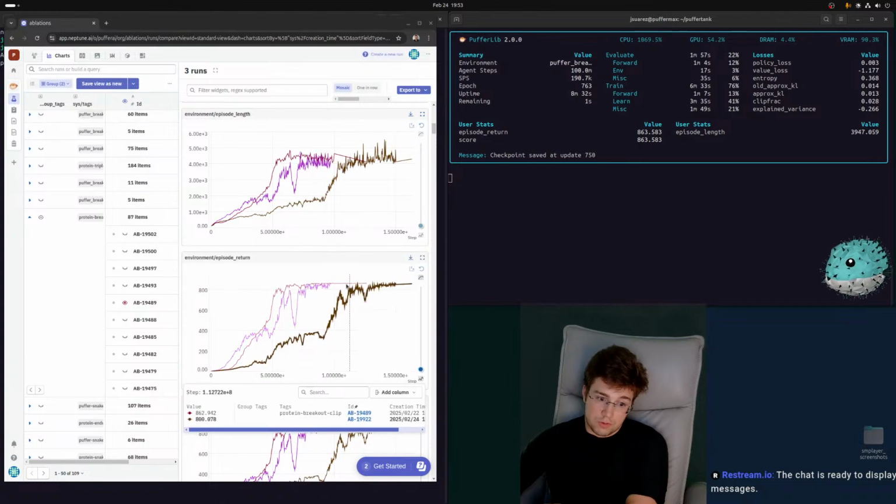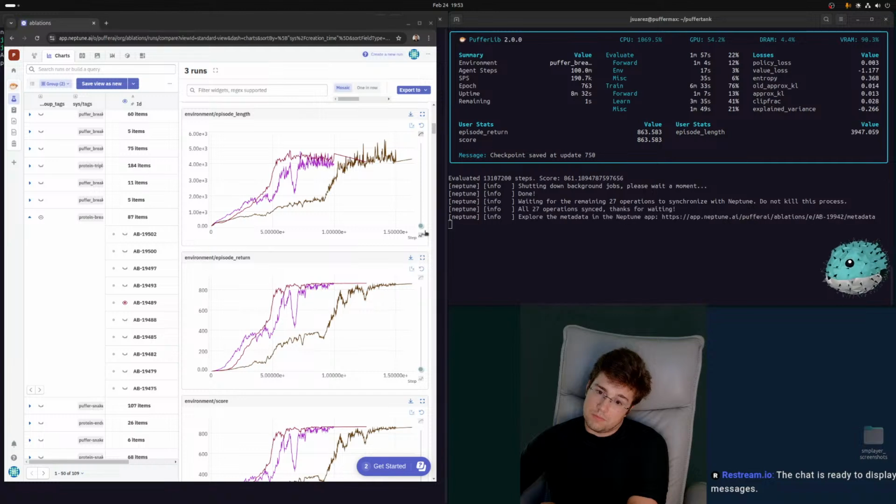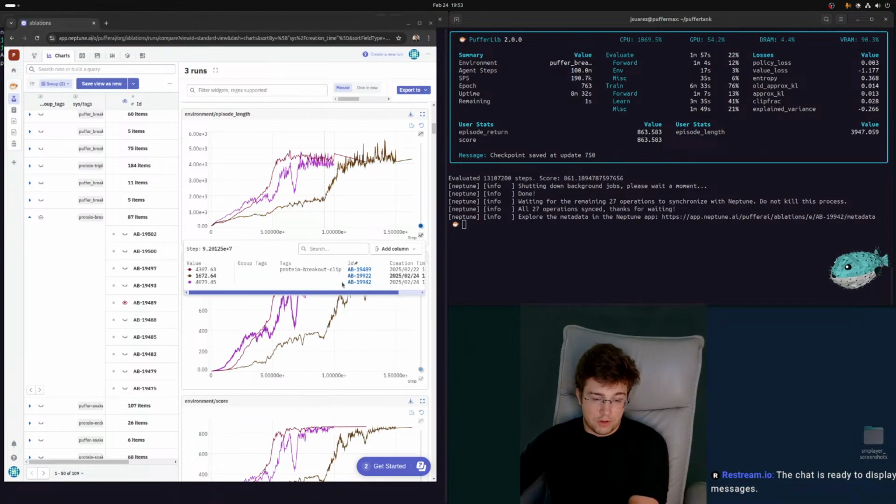That solved for 862. Yeah, okay, so this is also solved. These both solved at 100 mil.